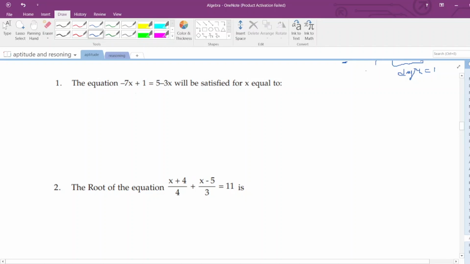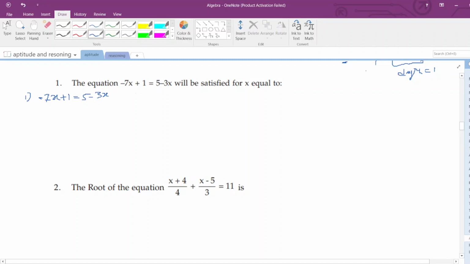So now this can be done in 2 ways. I'm telling the first method. Take the equation minus 7x plus 1 is equal to 5 minus 3x. What is the degree here? 1, right?